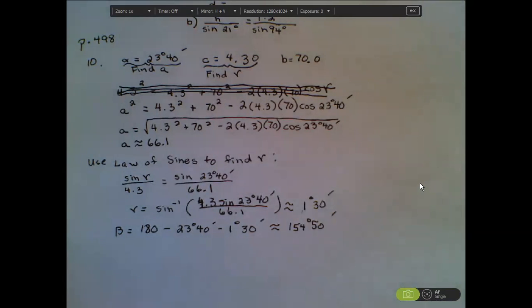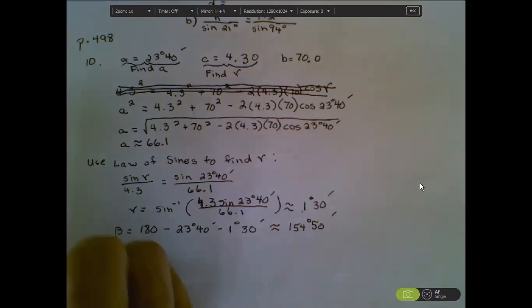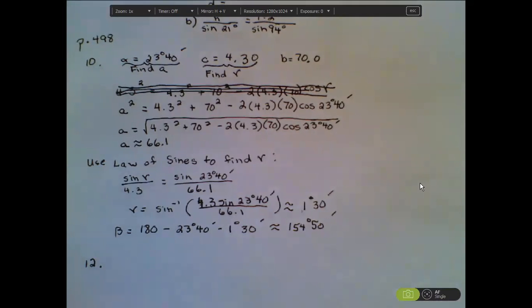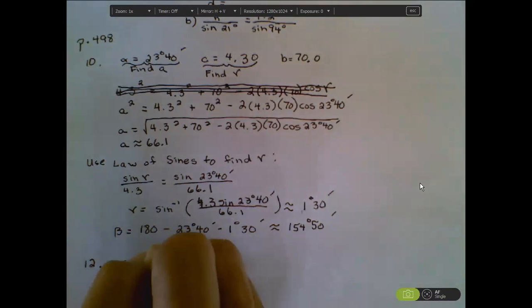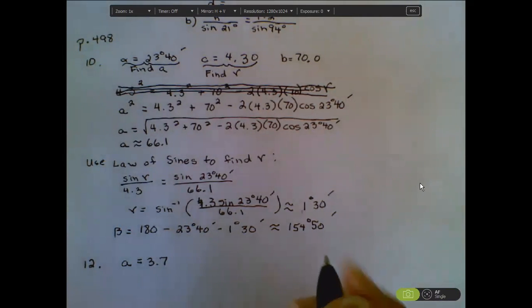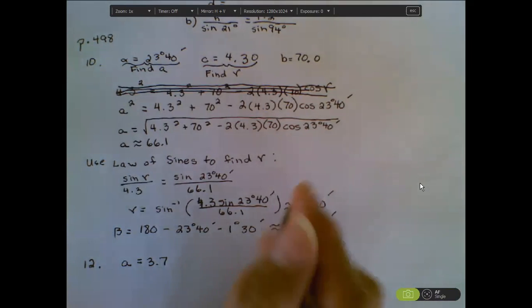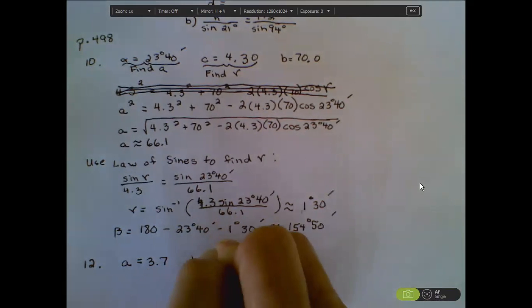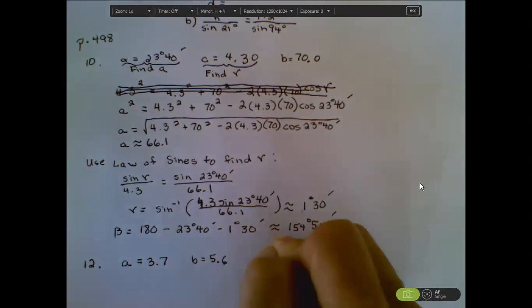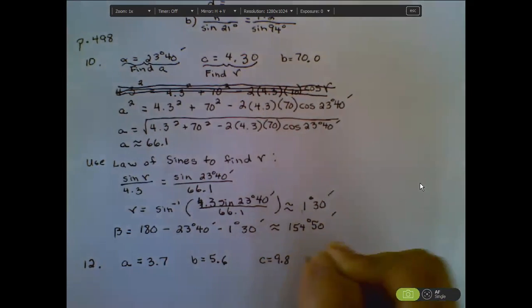Let's see the one other scenario where we could not use the law of sines. Number 12. If we're given 3 sides, then obviously we don't have the 1 complete ratio that we need for the law of sines. A is 3.7, B is 5.6, and C is 9.8.